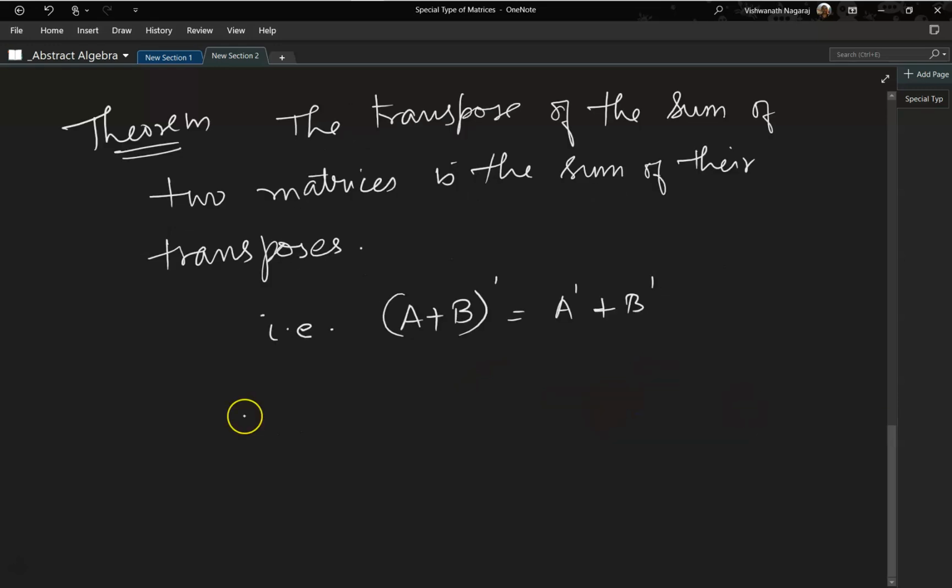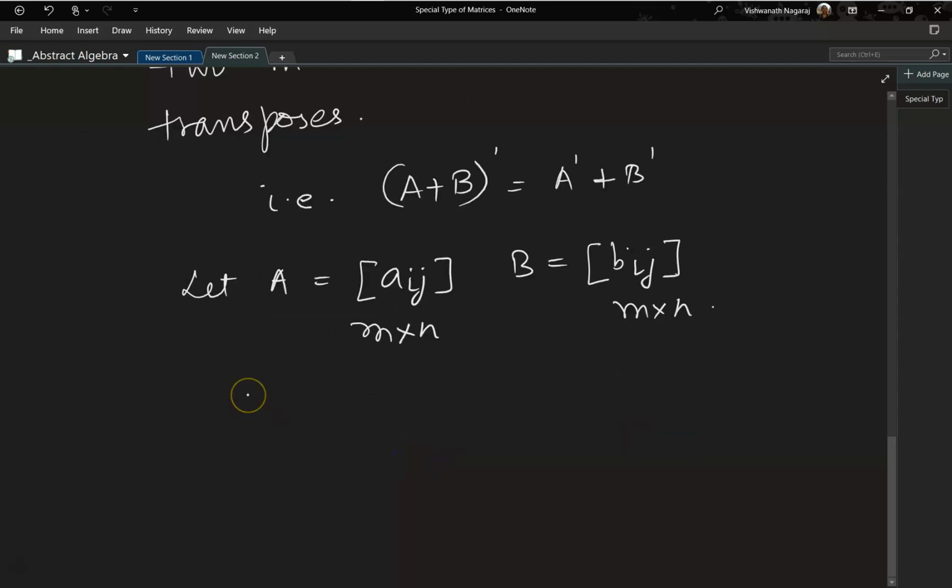So here, let's say A is equal to Aij and B is equal to Bij. Both are m by n. Now, there exists A plus B of order m by n.